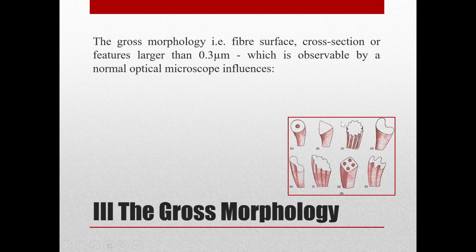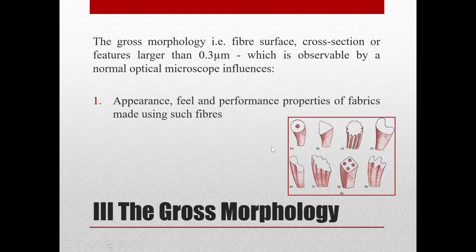Just simply because we have changed the morphology of this polymer, the way it has been shaped, one can see change in the properties in terms of, say, appearance, feel, and performance properties of fibers made by using such fibers. Some physical properties of the fibers also change because of, for example, cross-sectional shape changes.